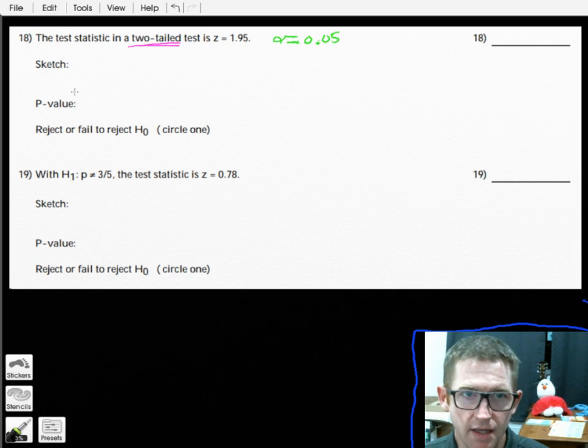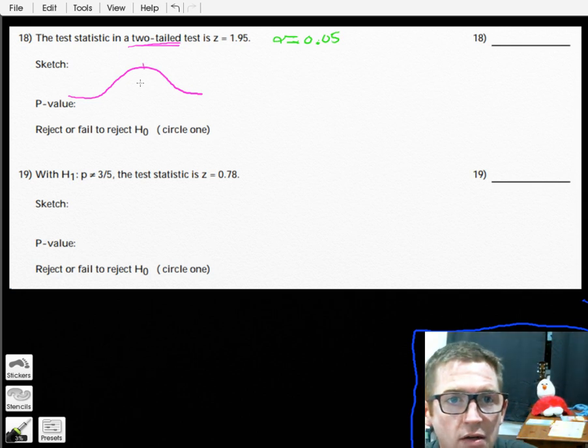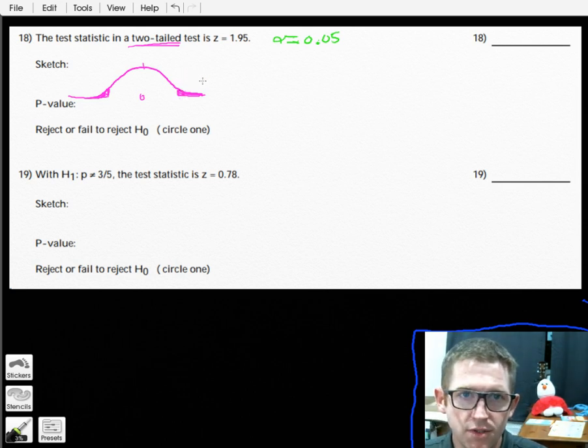So if we're going to sketch that, I'm trying to get a nice little sketch, we have 0 here. Two-tailed means that our significance level is split, right? It's a two-tailed test, so this is alpha over 2 in this case.